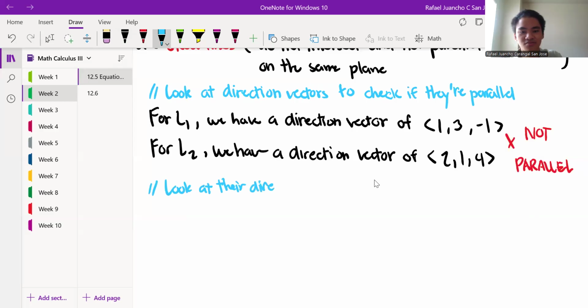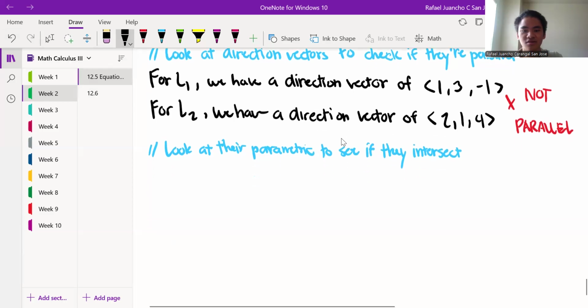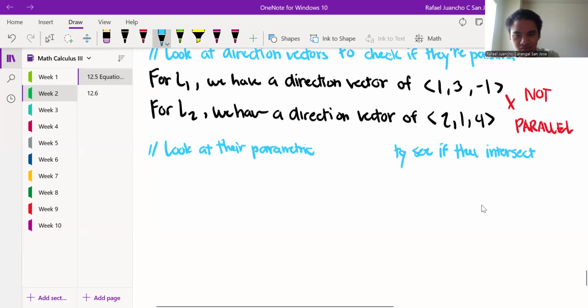So how do we do that? Well, we basically equate their parametric equations to see if they intersect. So here we're checking if they intersect based on their parametric equations. Let's move this. Okay. This probably has enough space.